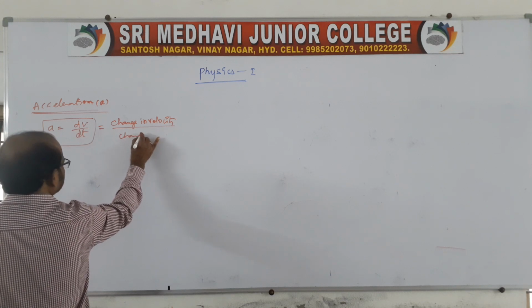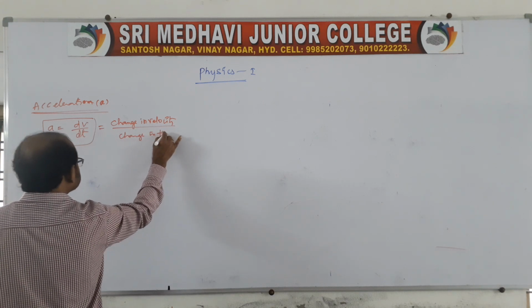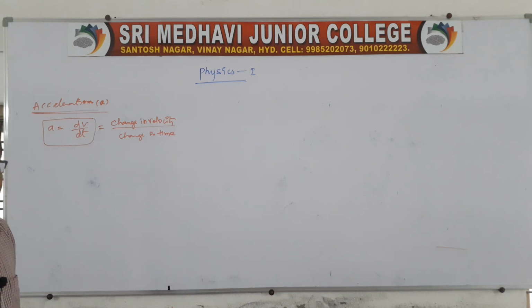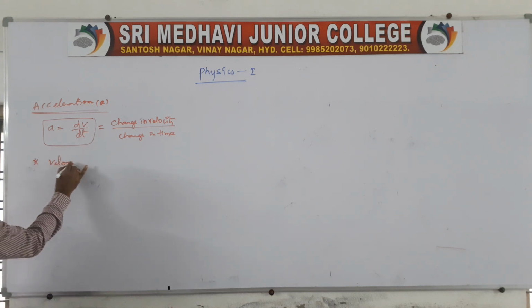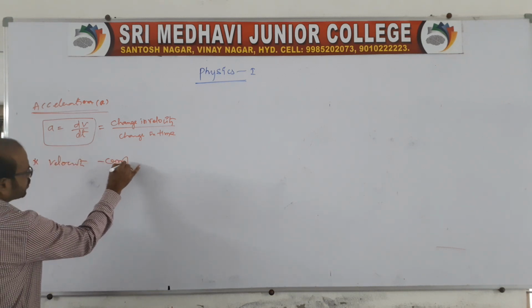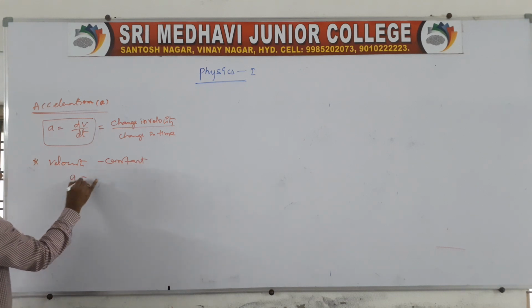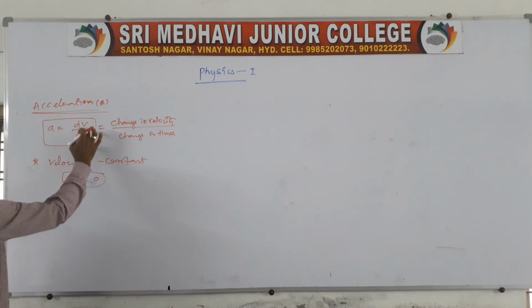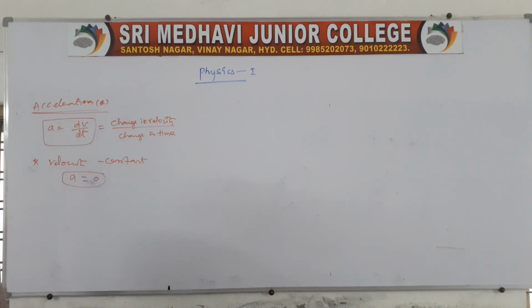If there is a change in velocity, then only we can say the body is accelerating. Otherwise, we cannot say it is accelerating. Suppose the body is moving with constant velocity. In this situation, acceleration is 0 because there is no change in velocity. Acceleration means the velocity must change with respect to time.